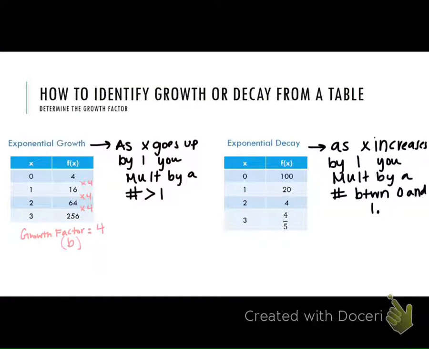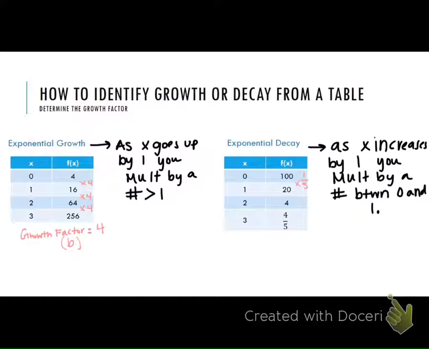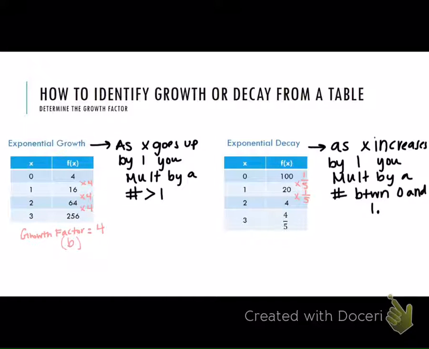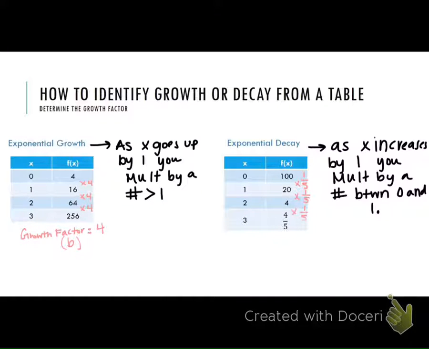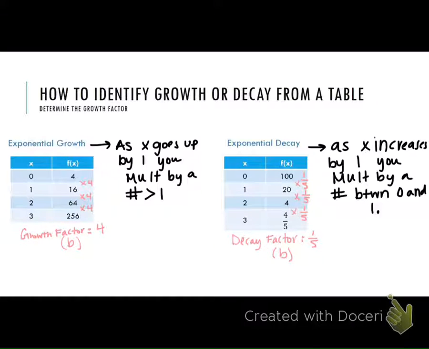You should always write that as a fraction. So Justin, what are you multiplying by each time? Yeah, in your head you can think, oh, I'm dividing by 5, which is the same thing as multiplying by 1/5. So this is a decay factor because it is going down by 1/5. And remember, that's the same thing as b.